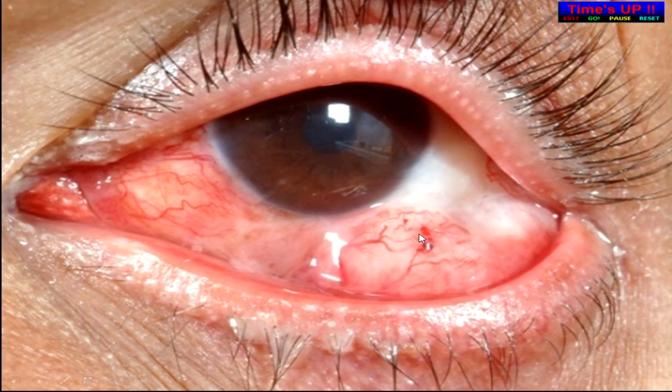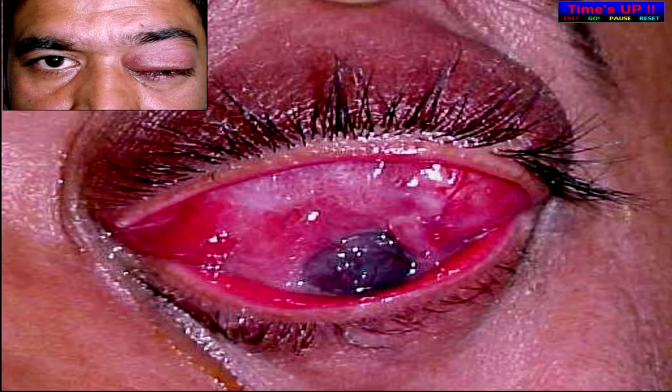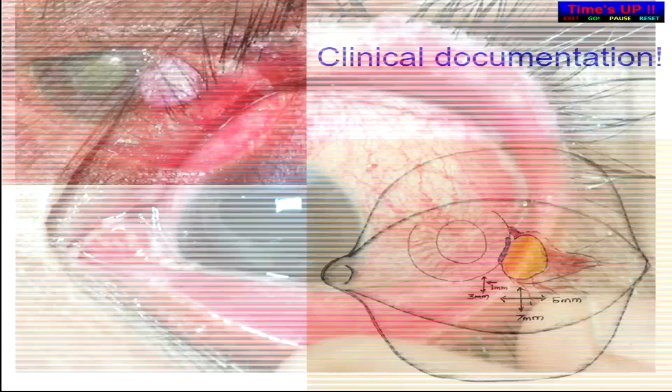They can have intraocular extension, and it can be very, very aggressive. So invasive squamous cell carcinomas are spindle cell SCC, mucoepidermoid SCC, and adenosquamous carcinoma. And if it extends into the orbit, exenteration is the only option. We do have the AJCC classification. Clinical documentation is very, very important before you take these patients for surgery.